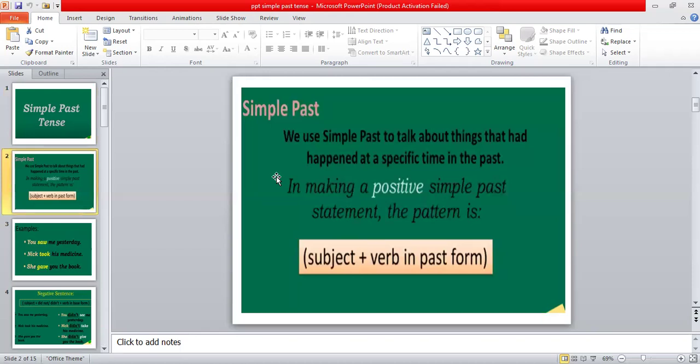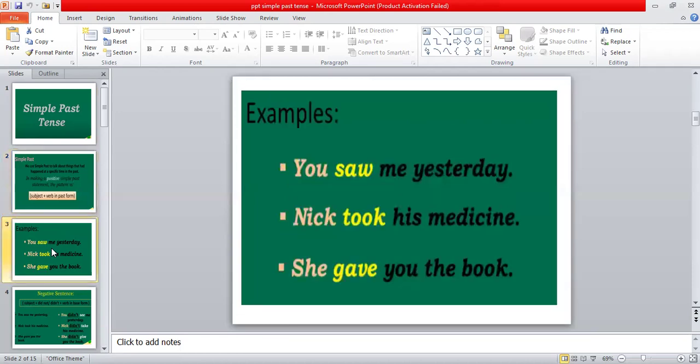The past form of the verb is called the second form of the verb. In all these example sentences, like "She gave you the book" and "He took his medicine," we have used the second form of the verb.